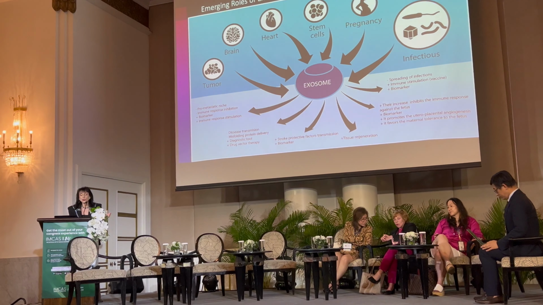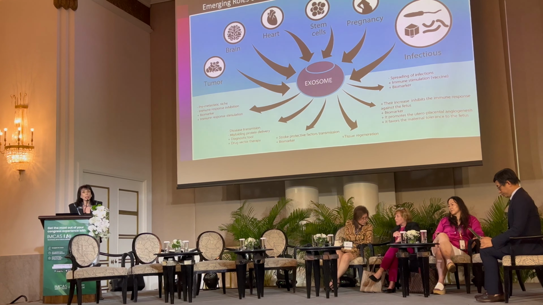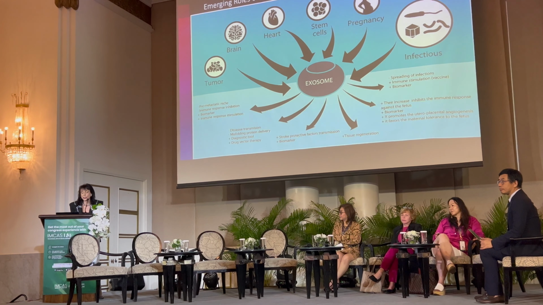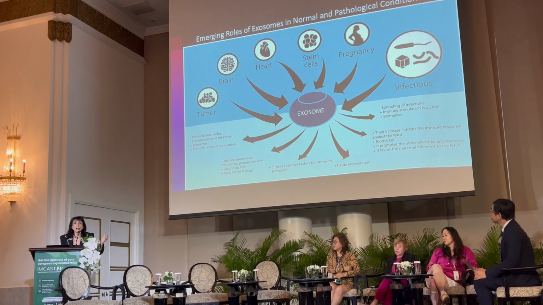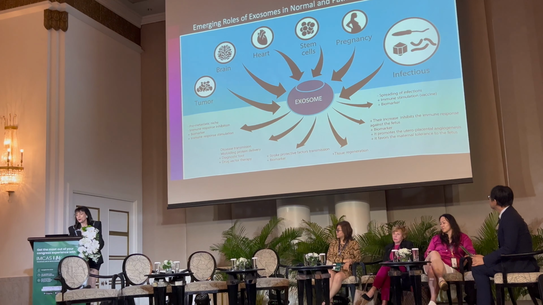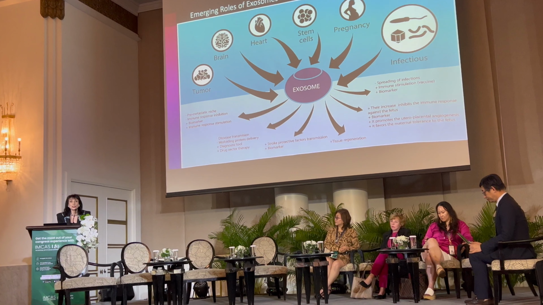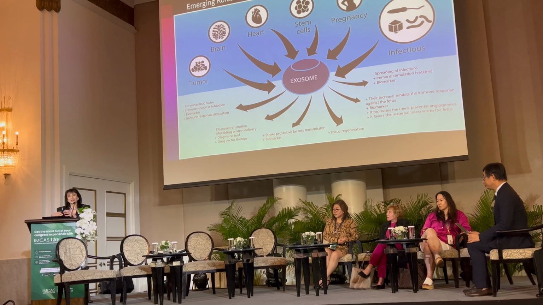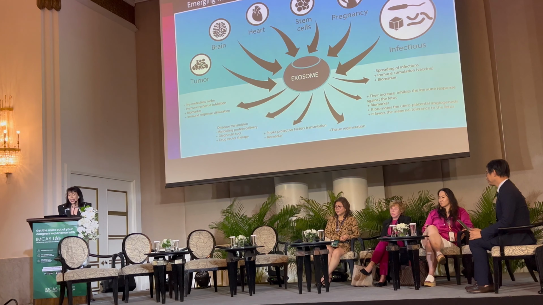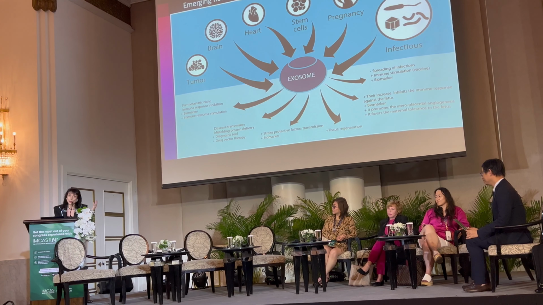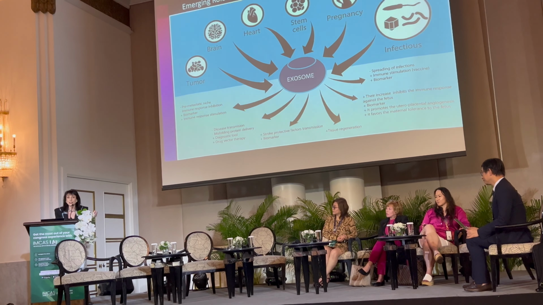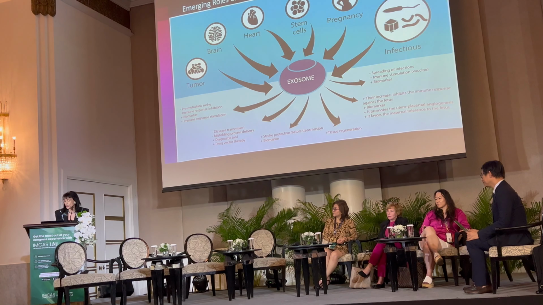So there are emerging roles of exosomes in normal and pathological conditions. In tumor, they're very good as vaccines, but they can also enhance tumors. In infections, they can stop the infection, but they can also enhance the infection. And stem cells have their own problems in terms of proliferation and arrested differentiation.